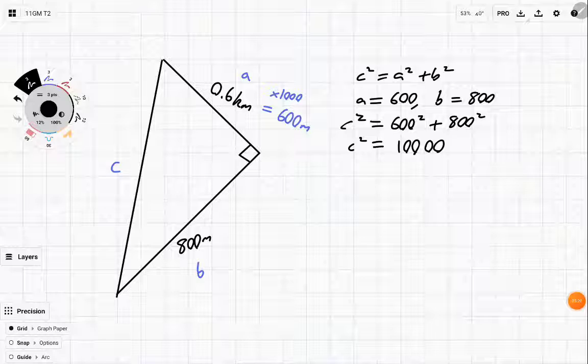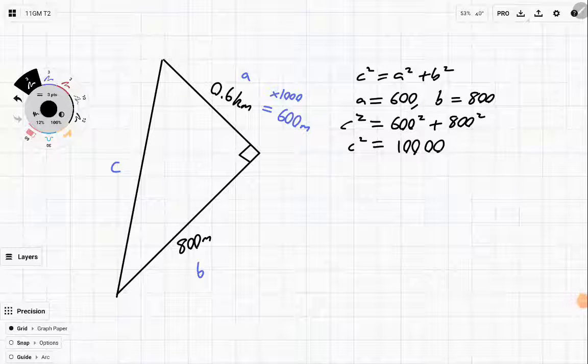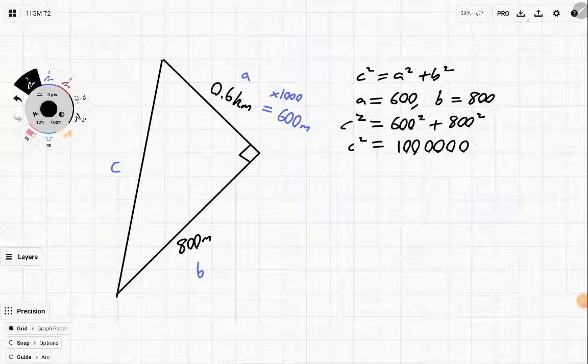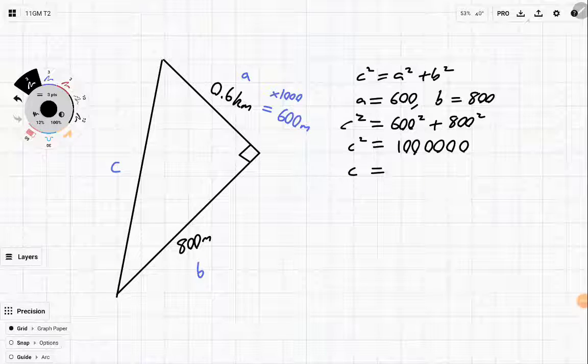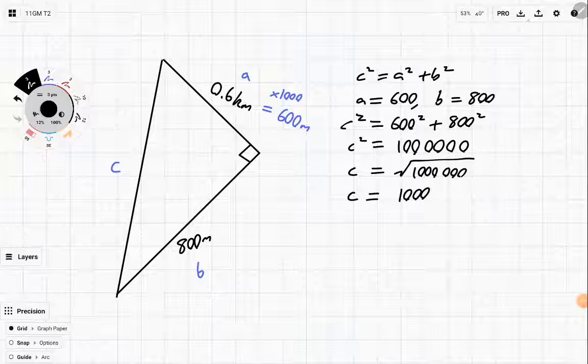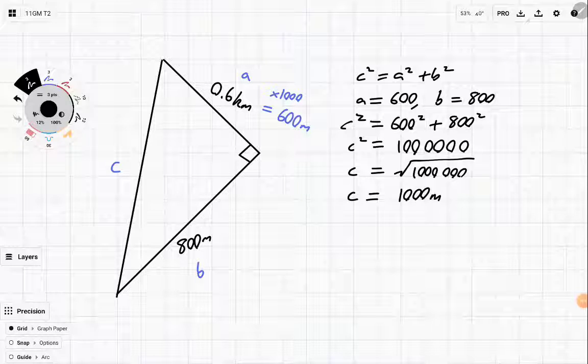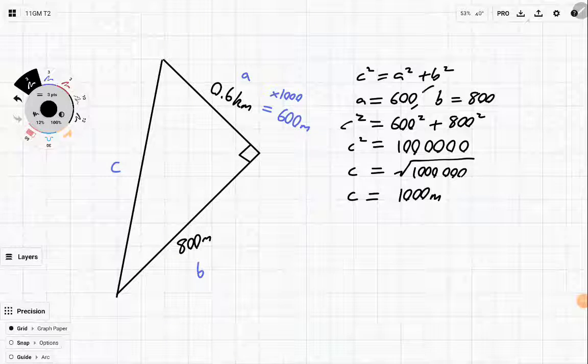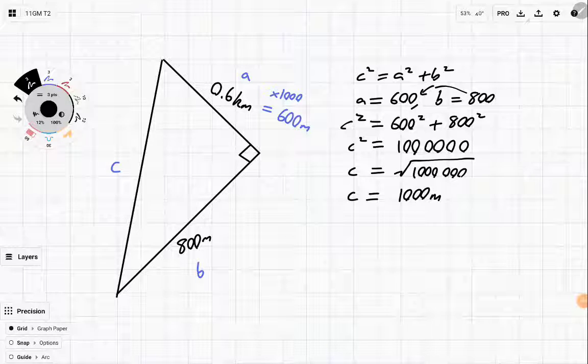Should be 1 million. C is then equal to the square root of 1,000,000, and therefore C is equal to 1,000. What units, you ask? Well, 1,000 meters. Why? Because the two units we put in were both in meters. If they had been in kilometers, then our answer would have been in kilometers.